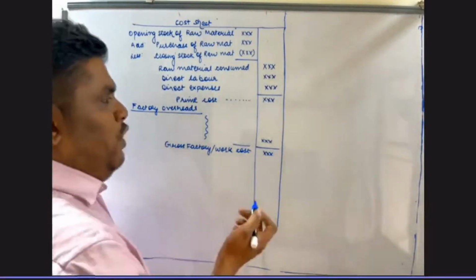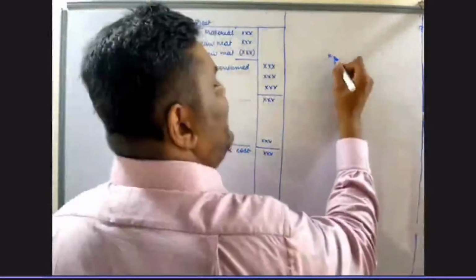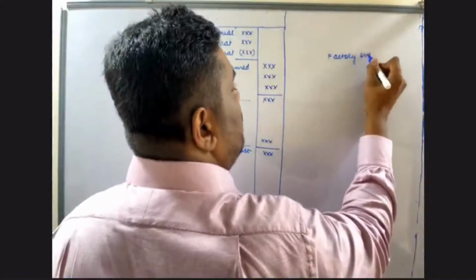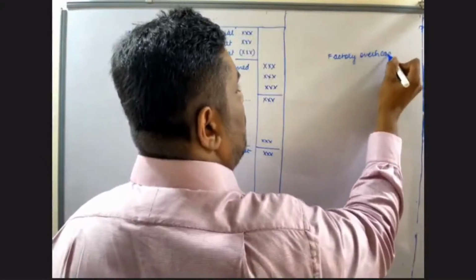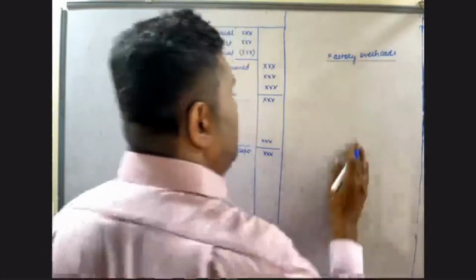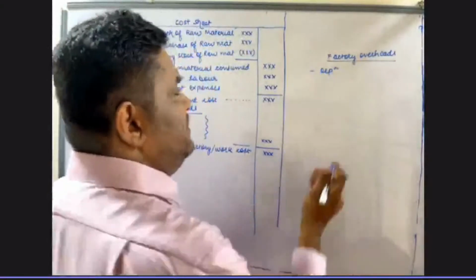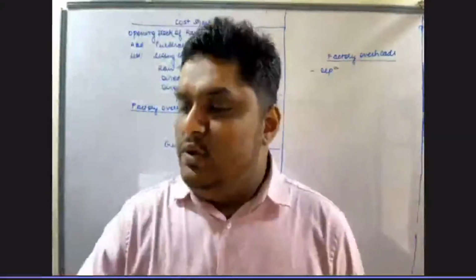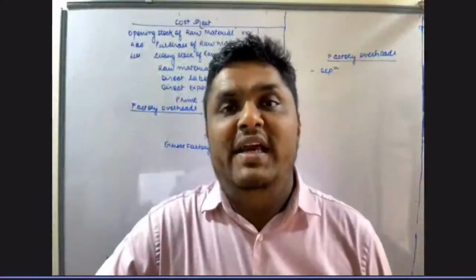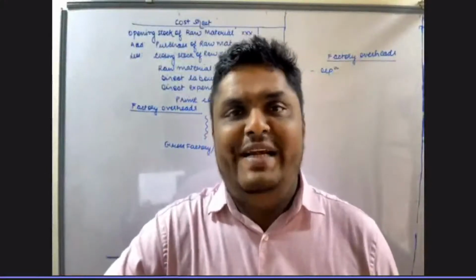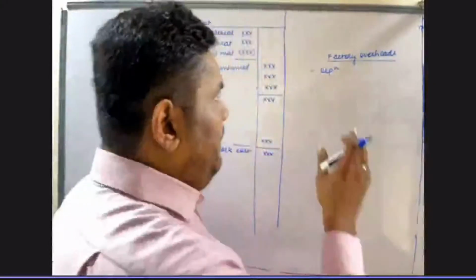When talking about what is covered in factory overheads, the first point is depreciation. Any sort of depreciation on factory building, plant and machinery, or machines installed in the factory premises will form part of factory overhead.